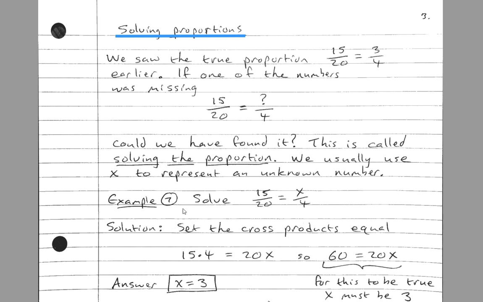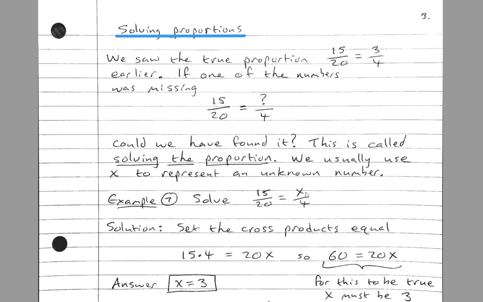All right, so example 7, the same question. Solve the proportion 15/20 equals x/4. Here solve means you have to find what x has to be to get a true equation, a true proportion.